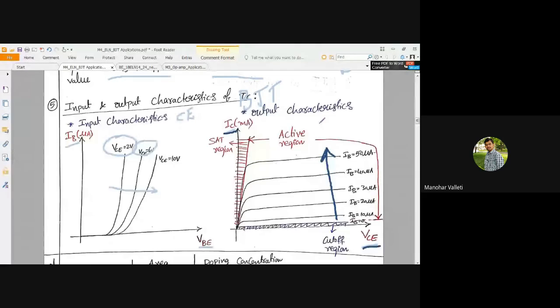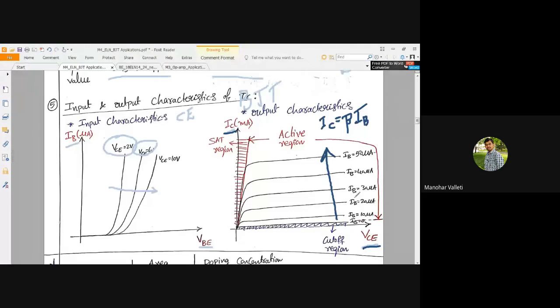You just observe here, from the current gain definition, IC equal to beta IB. As IB keeps on increasing, IC is increasing.